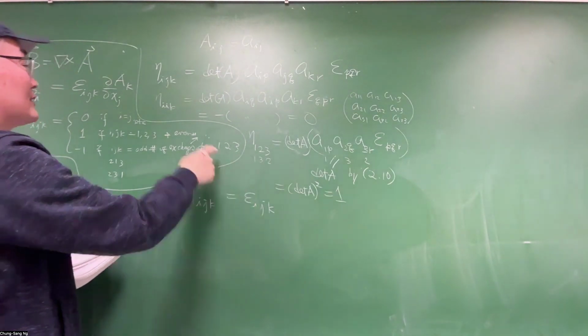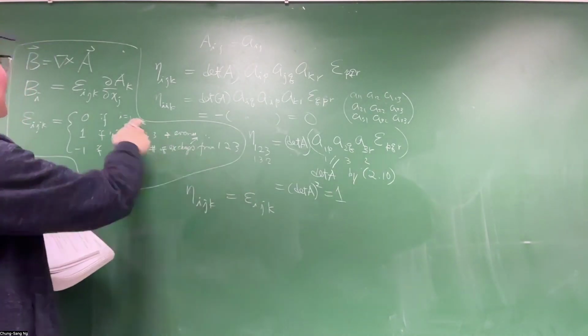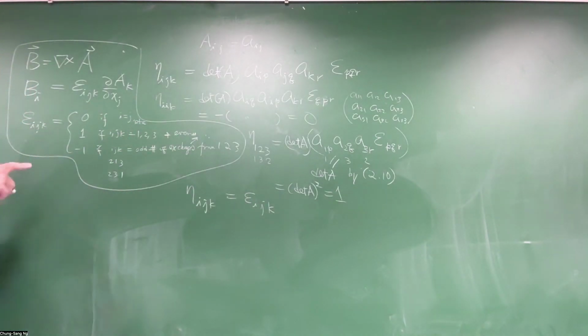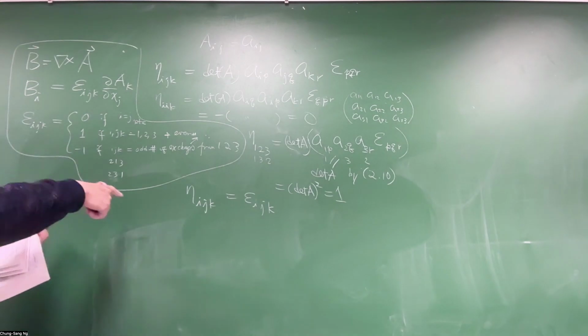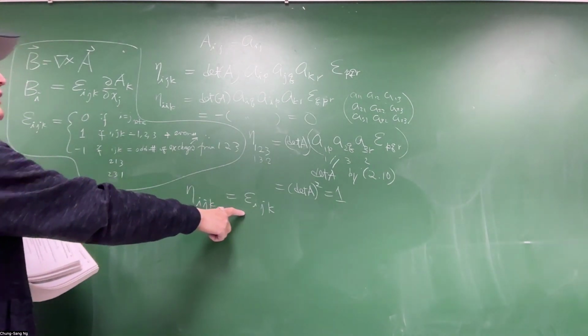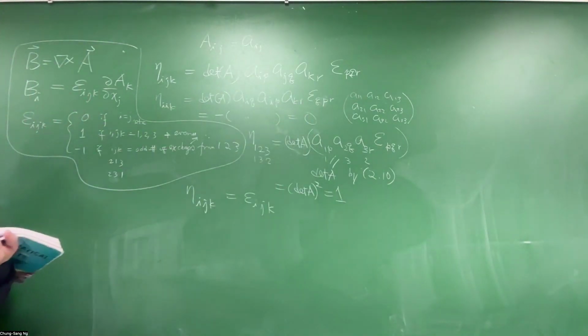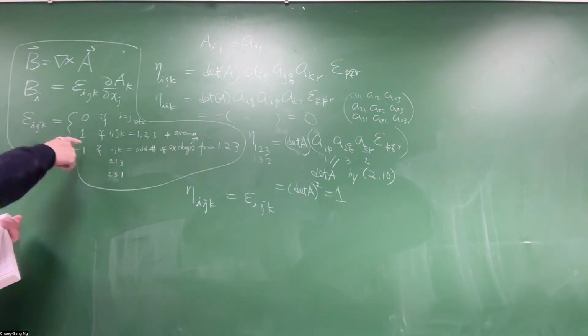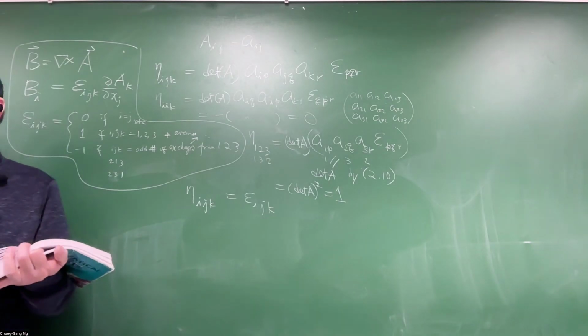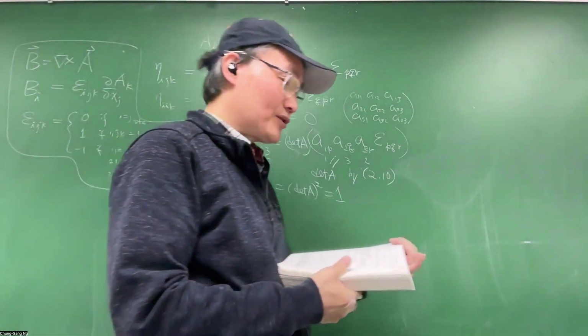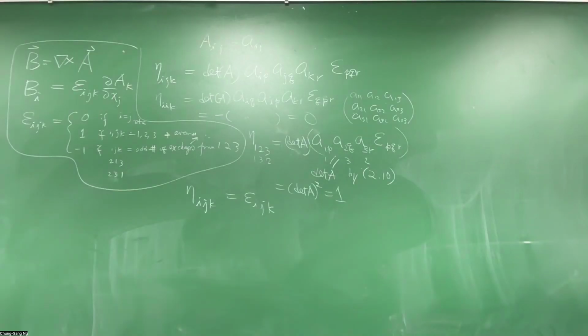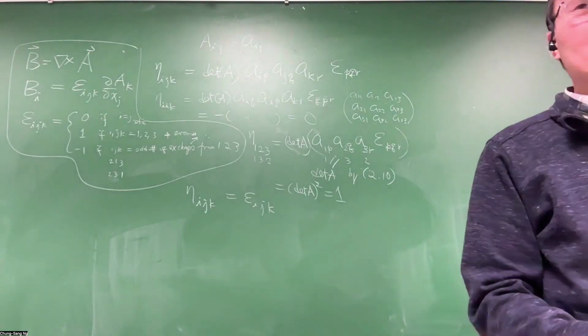In the prime coordinate system, this tensor takes the same value as this symbol, as this definition, even in the new coordinate system. And it transforms from the old coordinate system according to this rule. So therefore, this object is a pseudotensor, a pseudo third rank tensor.